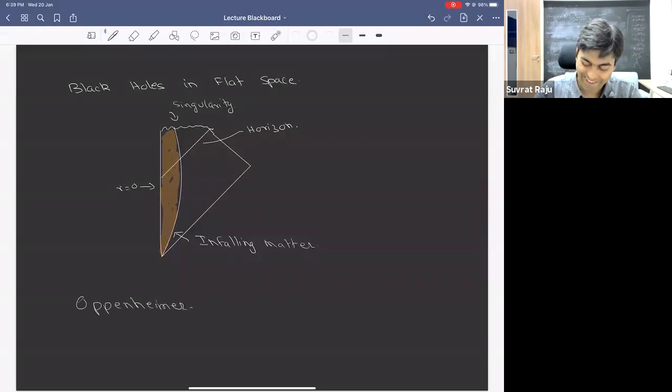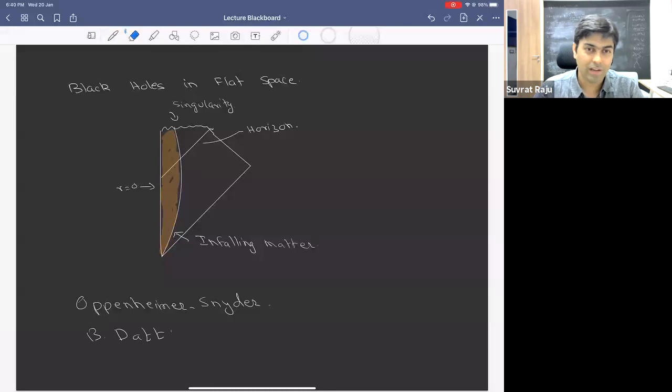In fact, there's an interesting historical story here. This metric was studied a couple of years before Oppenheimer and Snyder by a Bengali physicist called B. Datt, whose work is actually virtually unknown. And very little is known about him personally, because he himself died a couple of years after writing this paper.